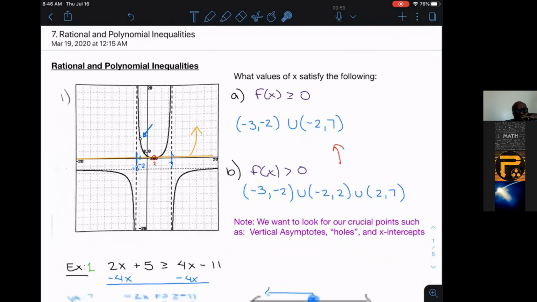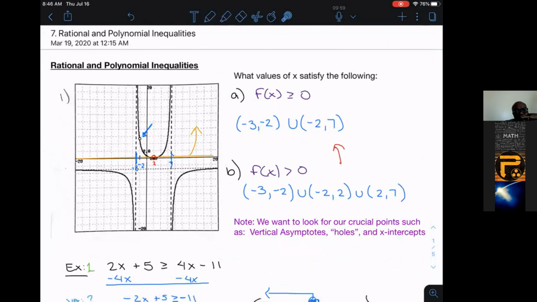But if you guys notice, oh, any questions before I explain what you guys need to look for? So that's generally how you can identify what part of the function is greater than 0 or strictly greater than 0.